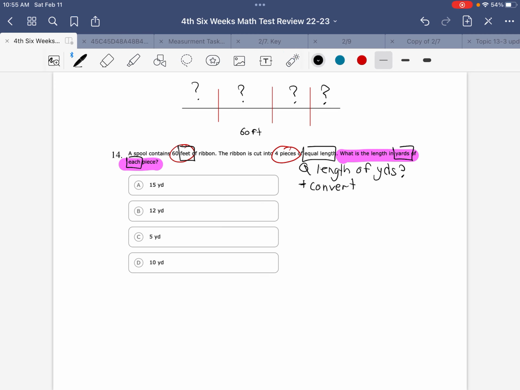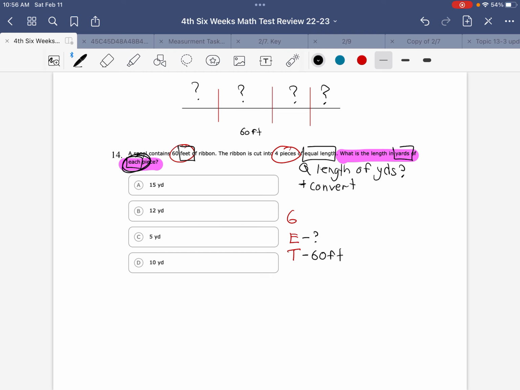Okay. So my get is I have my groups, my each, my total. My total is going to be 60 feet because that's the total feet of ribbon. Okay. My each, I do not know because each is in my question. What is the length in yards of each piece? I don't know my each.